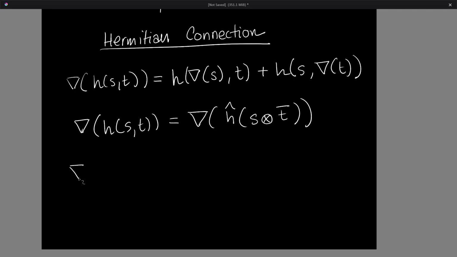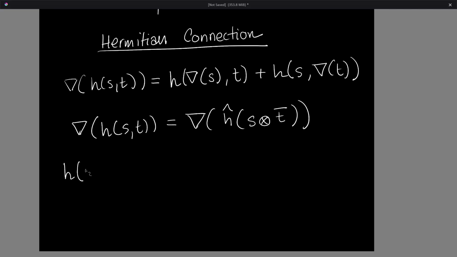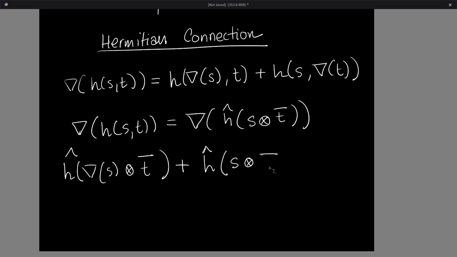And so the other side becomes h hat of nabla of s times t bar plus h hat of s times nabla of t bar, where nabla of t bar is equal to nabla of t bar.